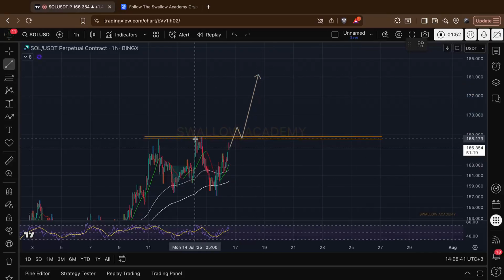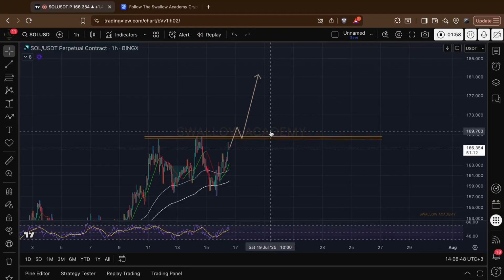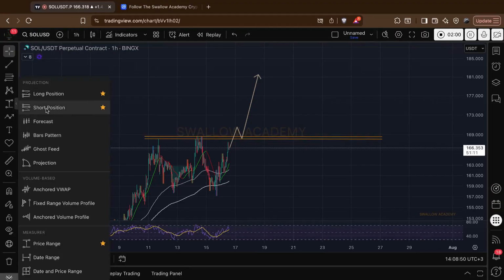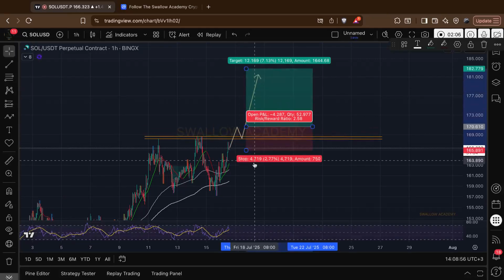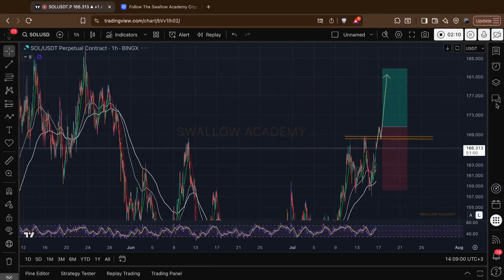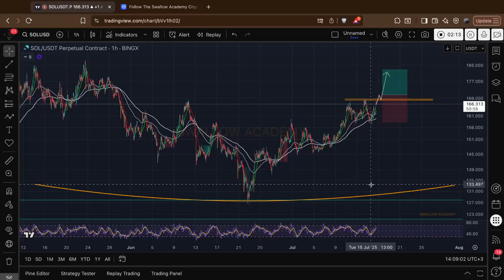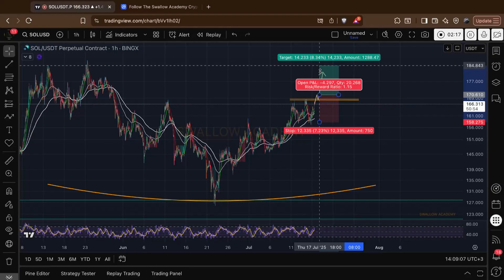So we have a breakout structure here, and we have a smaller breakout structure to back up our potential long position here. And in this case, of course, going to get this one. Let's say we enter somewhere here. Going to leave the target currently open. Stop loss will be this. And the target is going to be, in this case, the local high in this region.